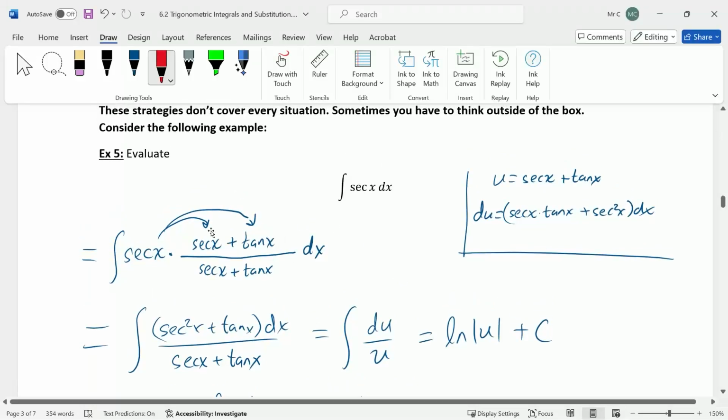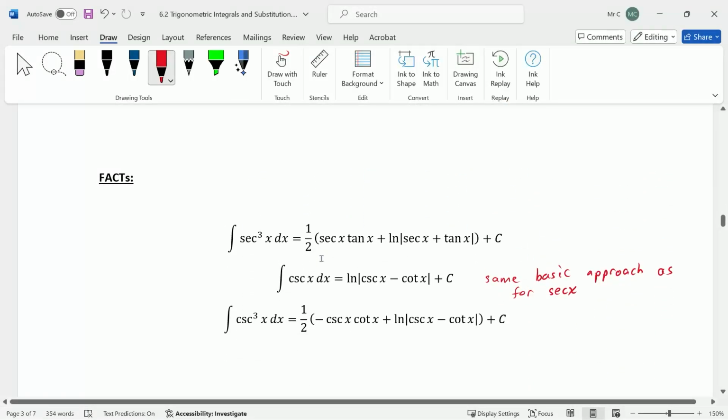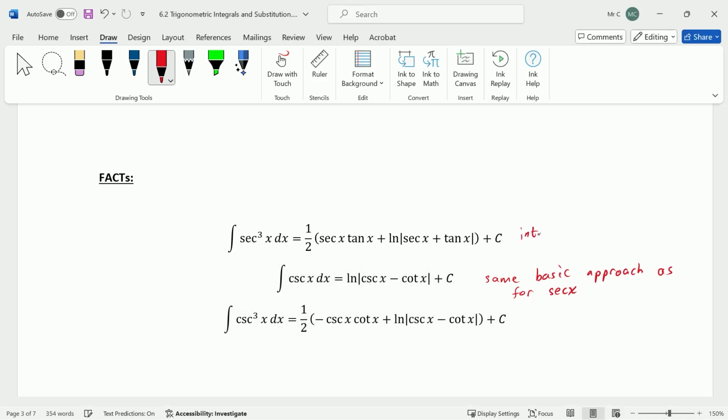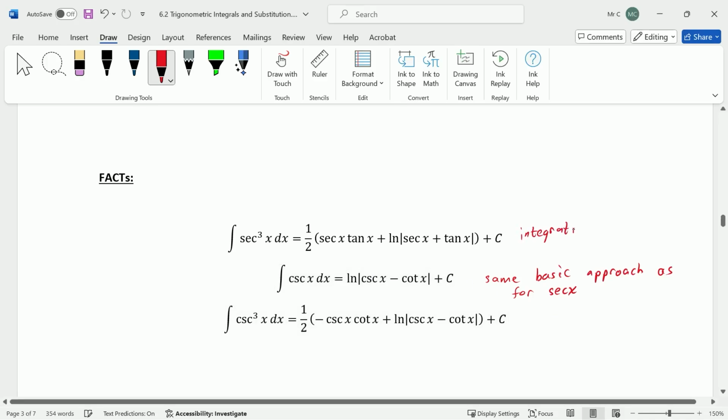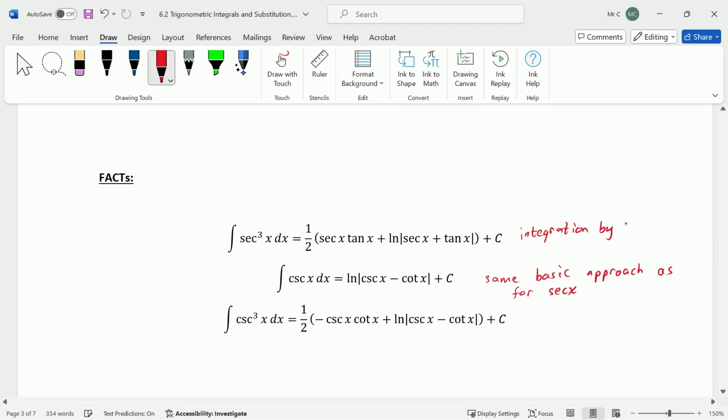So it'd be the same basic idea here. And for these two, secant cubed and cosecant cubed, you have to apply integration by parts by first rewriting this as secant squared of x times secant of x dx.